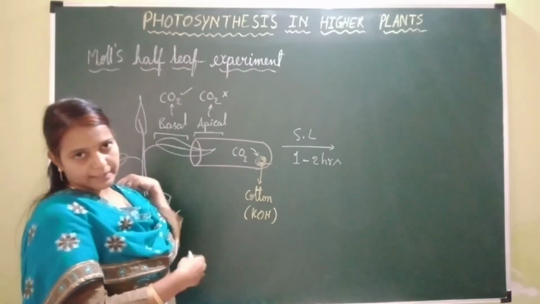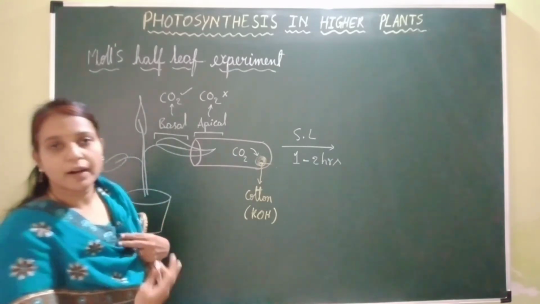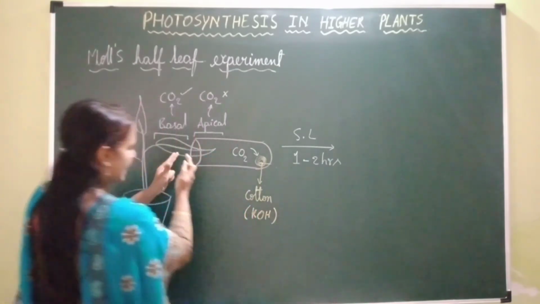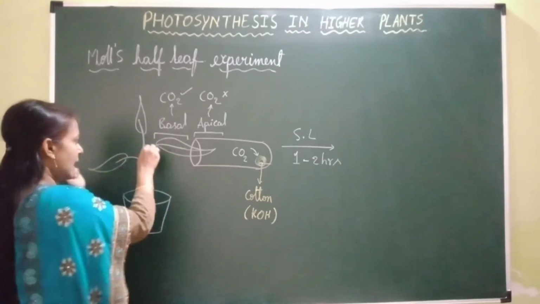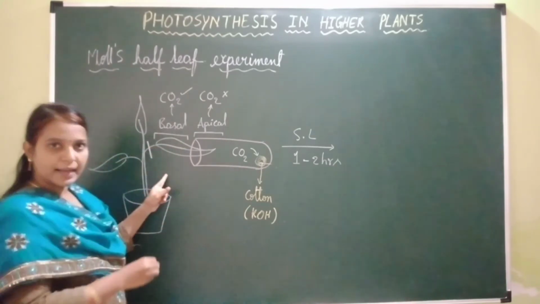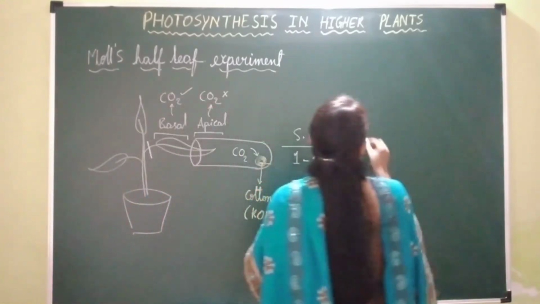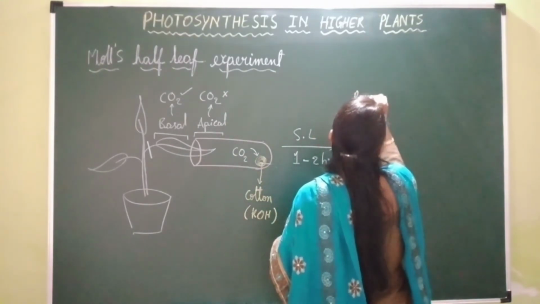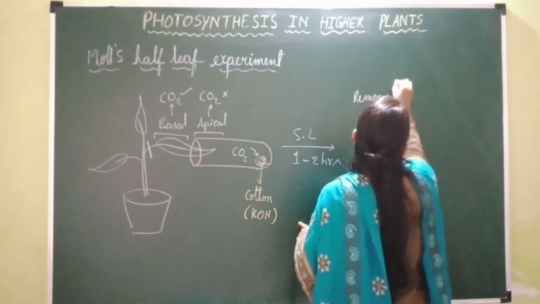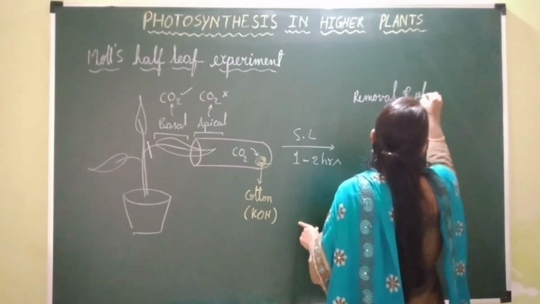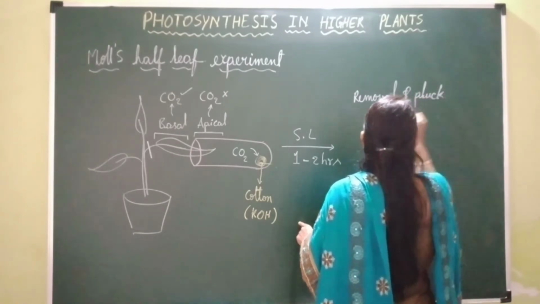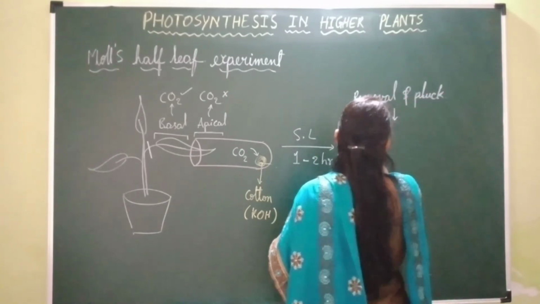After this setup has been exposed to sunlight for 1 to 2 hours, the leaf is removed from the test tube and plucked from the plant. After its removal, it is tested for the presence of starch.